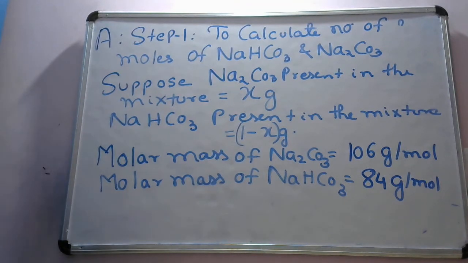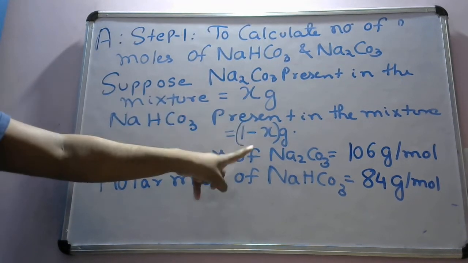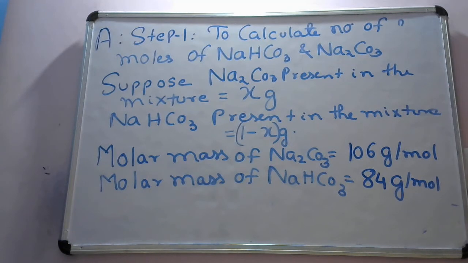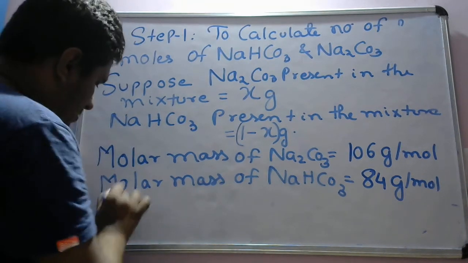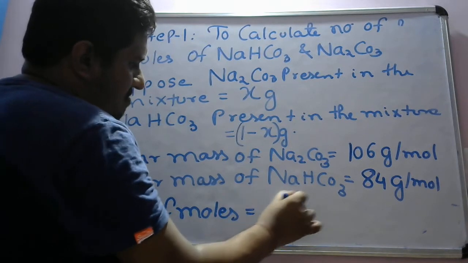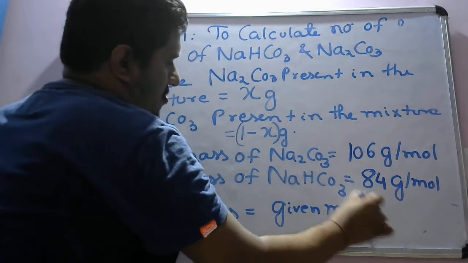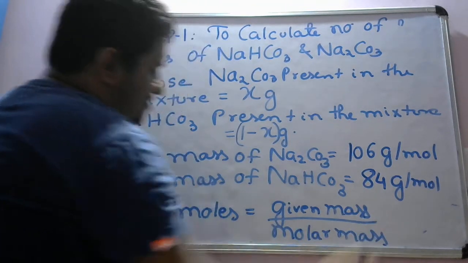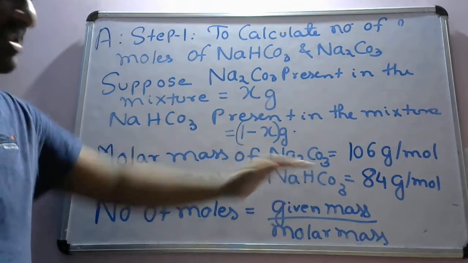Now, after calculating this, we will calculate the moles of Na2CO3 and moles of NaHCO3, because we have both the data, the masses which we have assumed and the molar masses. And you know, number of moles is given mass by molar mass. We know the formula, I am writing it because I am about to use it. So the same formula we will apply separately for Na2CO3 as well as NaHCO3.